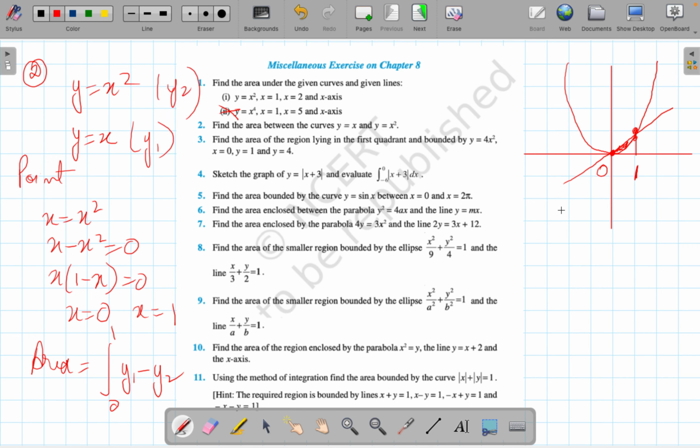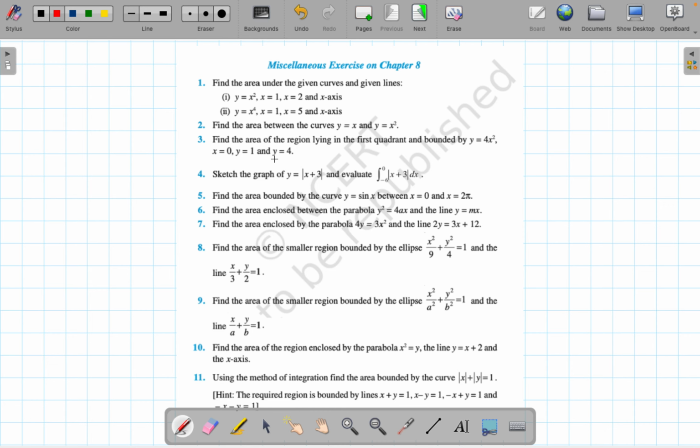Line minus the parabola. Check here. The line's area is bigger with respect to the x-axis, and this is the area which I don't need. So line minus parabola, obviously with respect to x. So you know 0 to 1, x minus x square dx. And you can find out the area now as the integration is too simple.